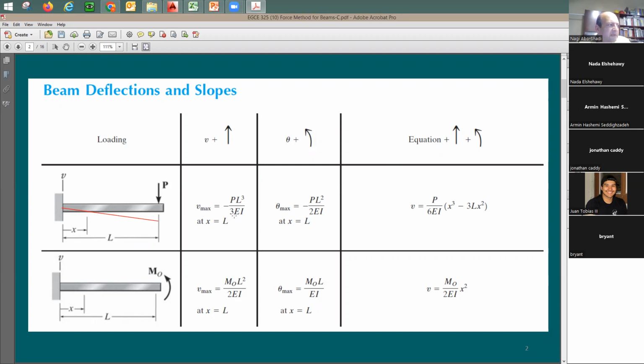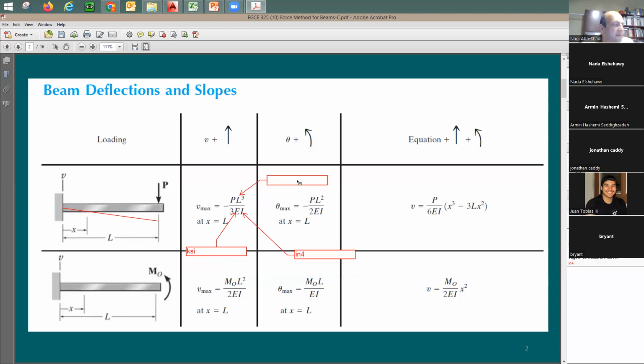So let me put some information here. This E is given in ksi, kips per square inch. This I is given in inches to the fourth.